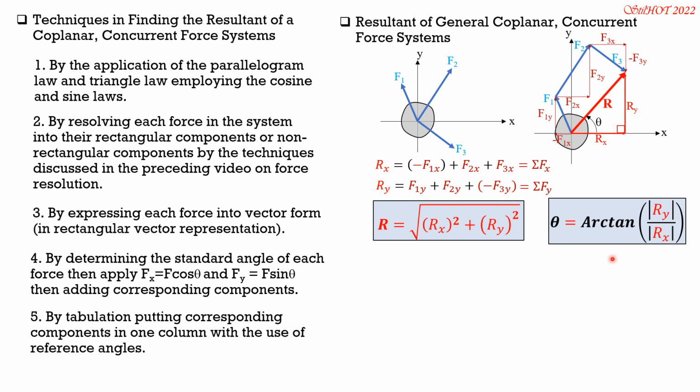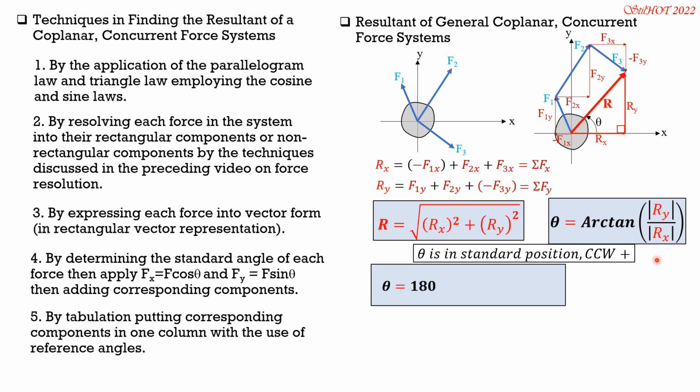So therefore, arctan of absolute value of Ry over Rx is the reference angle, so that in general, when the resultant lies in the second quadrant, theta is 180 degrees minus arctan of absolute value of Ry over Rx. Although I discussed this in the long videos that I have on statics.